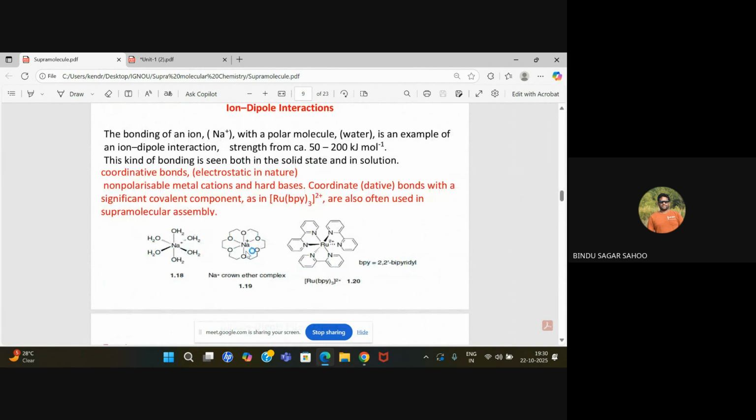Here the ion is Na plus and the dipole is a crown ether complex. Okay, this is an organic compound. Here you are taking the ligand bipyridine. You can see here ruthenium is 2 plus and bipyridine is the dipole here.